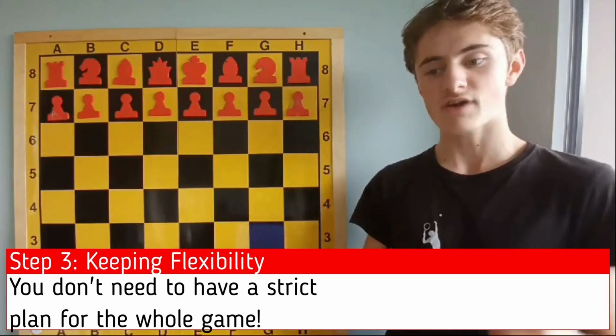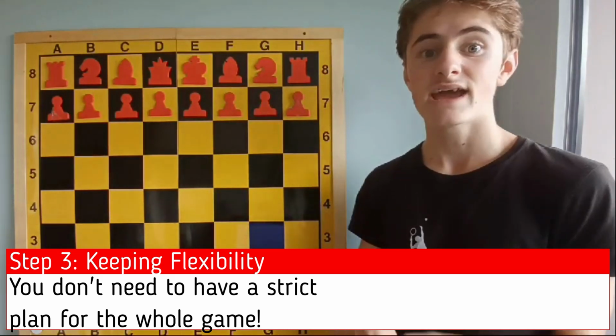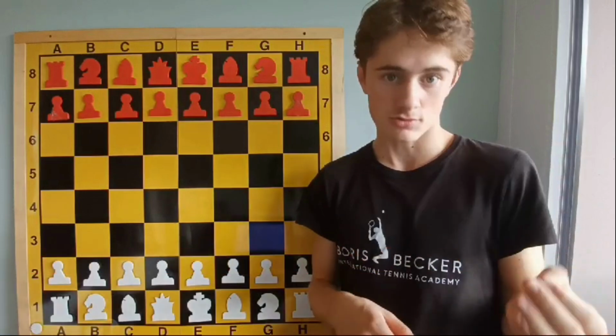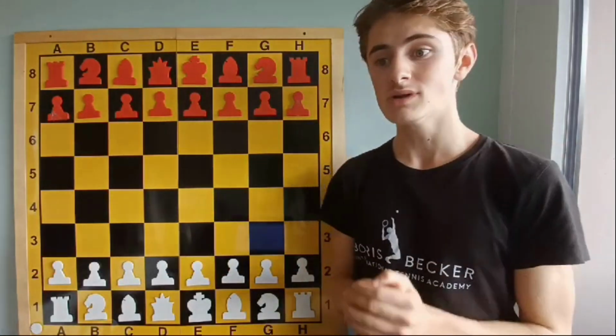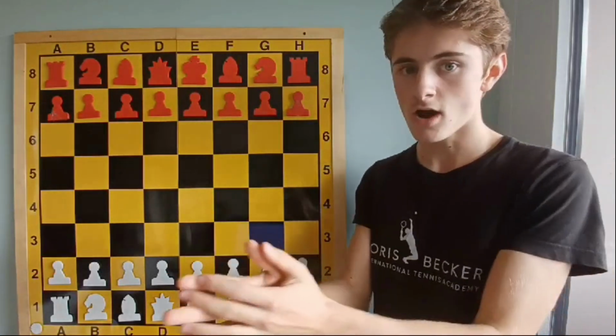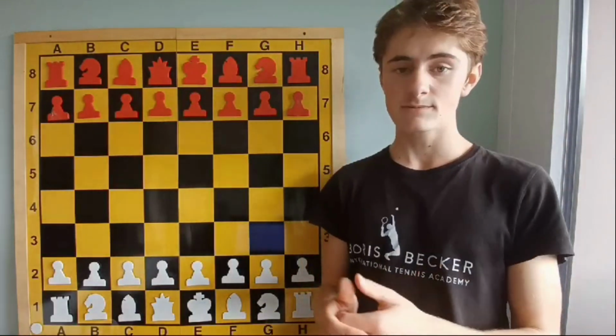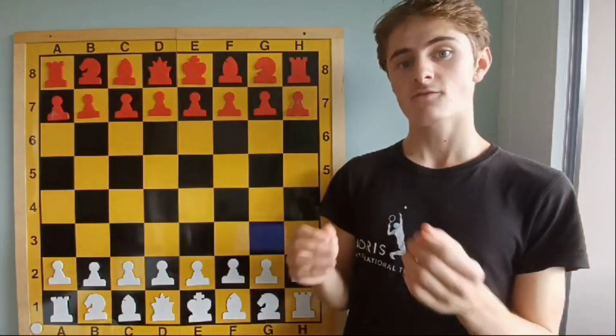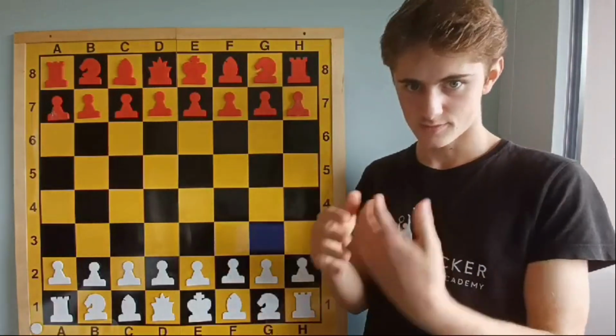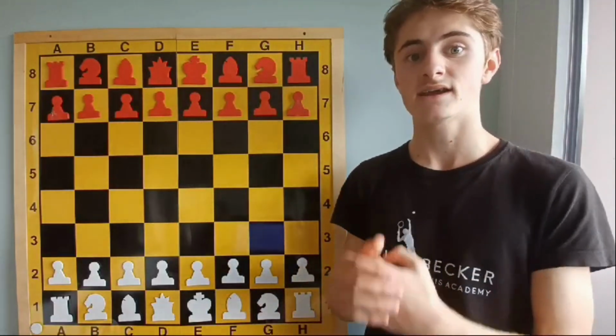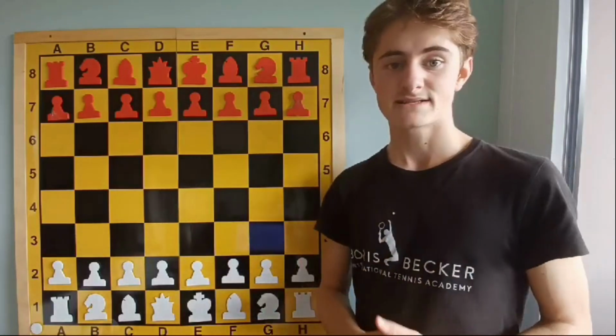You don't need to have a strict plan at the beginning of your chess match or of the middle game that you will follow strictly throughout the whole development of this chess match. Just be patient, keep your options open, and keep looking for ways to improve your position step by step, getting closer, always step by step closer to a better position on the chessboard.